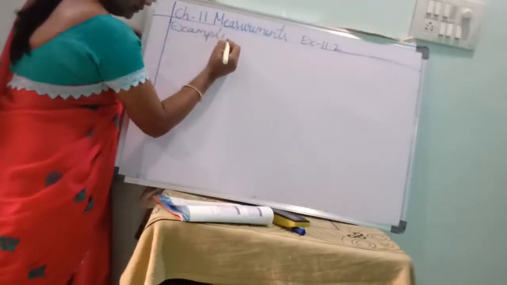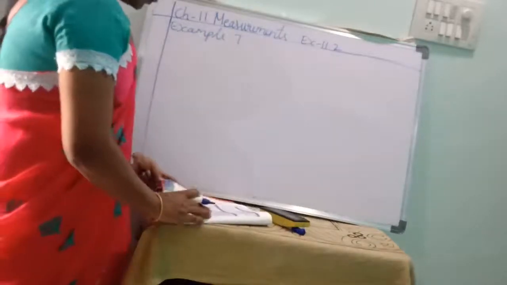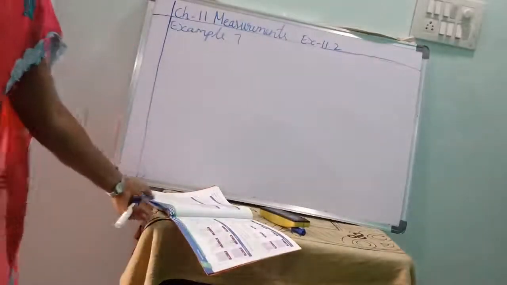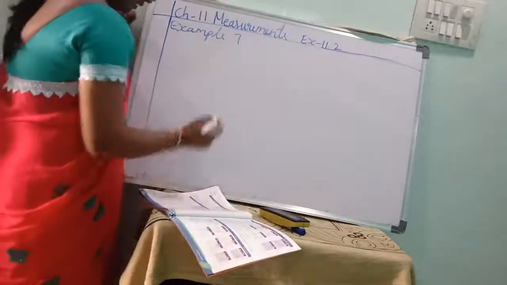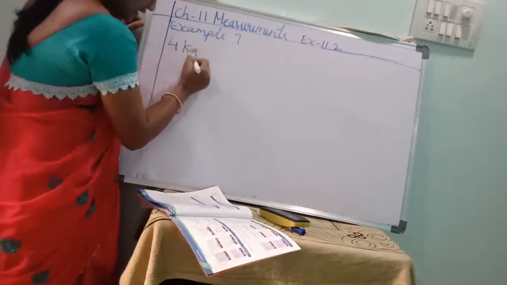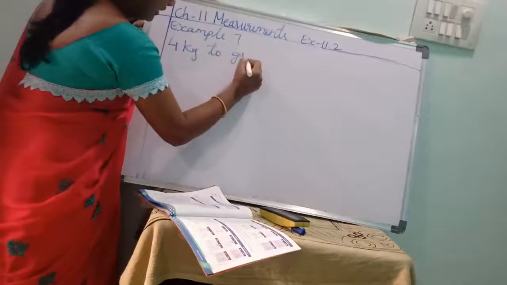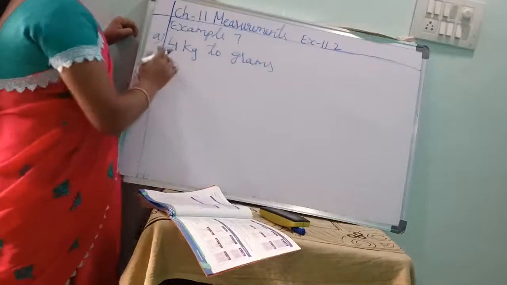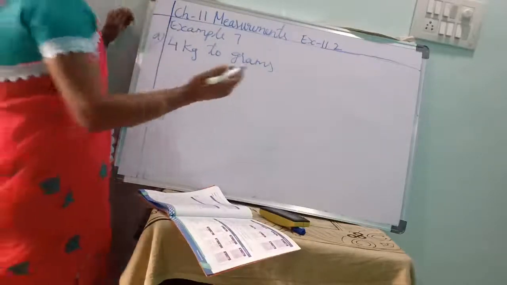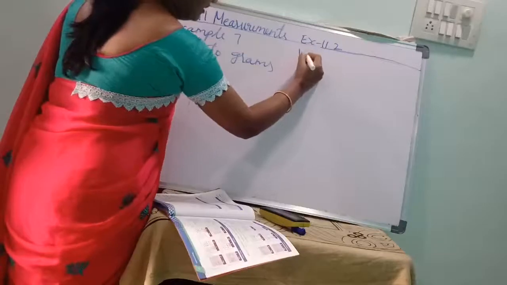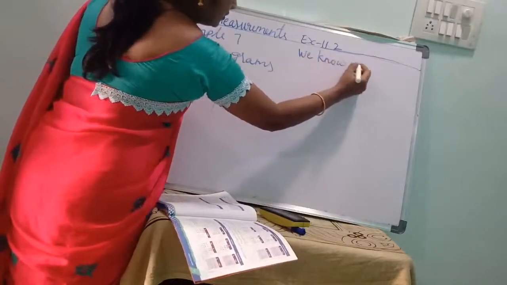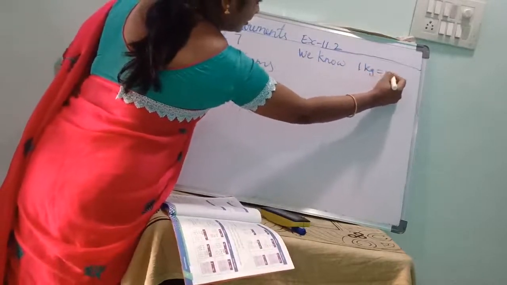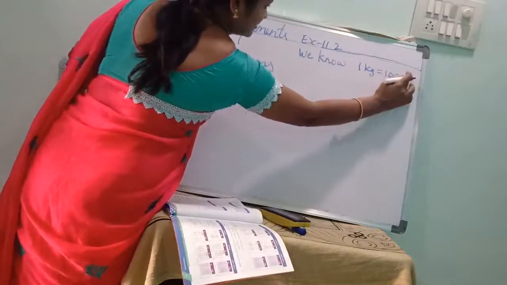Example 7. See, watch your textbook and do this. What is that? 4 kg to grams. You should convert this 4 kgs to grams. What do we already know? 1 kg is equal to 1000 grams.